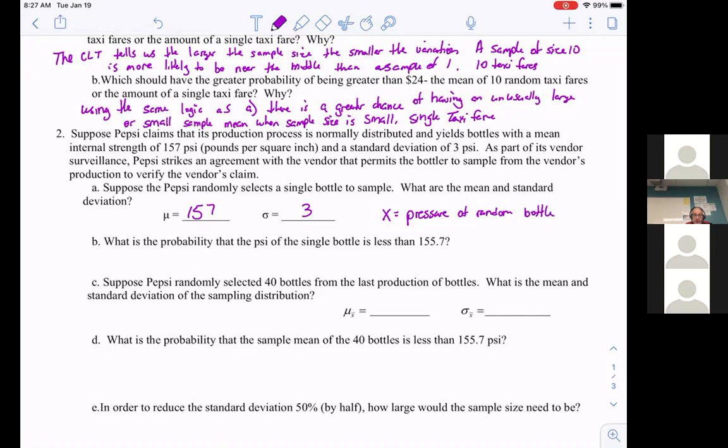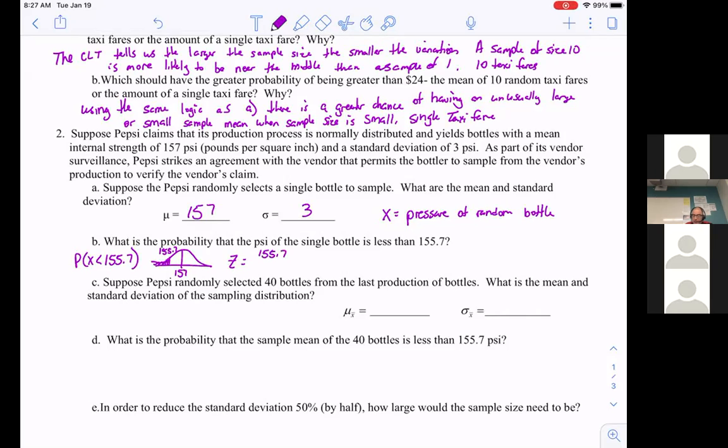And again, there isn't much space here, but if we were to write out everything that we'd need, this is the probability of X being less than what? 155.7. We need to make sure we draw a picture. Again, you could use your normal CDF if you want.